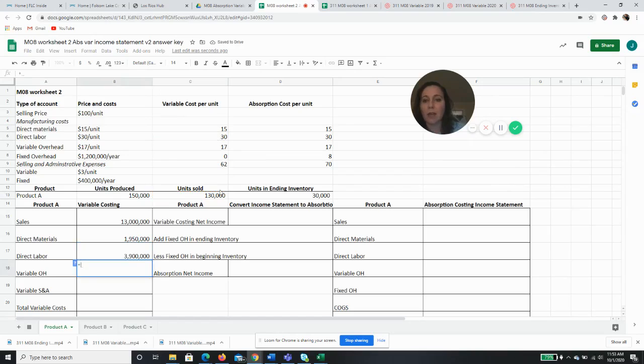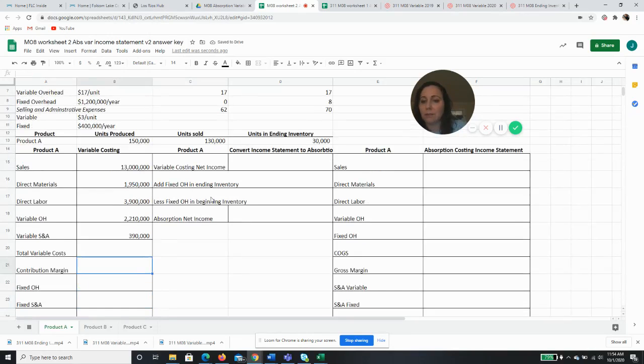Our variable overhead is going to be the 130 units we sold times variable cost per unit of 17, for a total of 2,210,000. Our variable S&A, which again is not a product cost, but we do include it in the variable cost section of the variable income statement, is units sold 130,000 times our variable S&A, or sales and administrative, per unit of $3, for a total of 390,000.